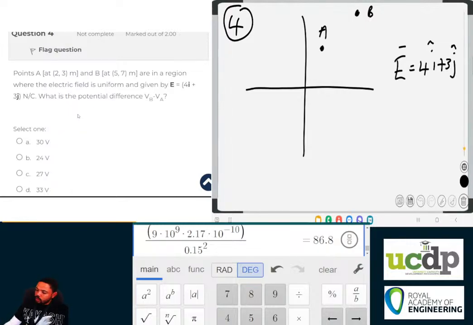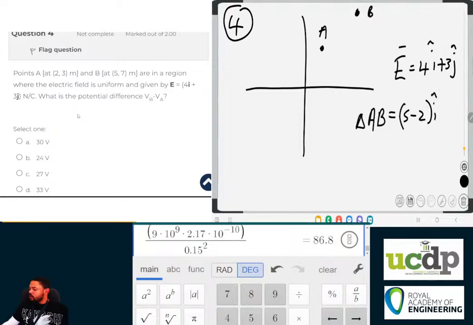Now, first of all, I need the distance, or at least this delta AB. The distance, or the vector going from there to there. That vector will be 5 minus 2 in the i hat direction.